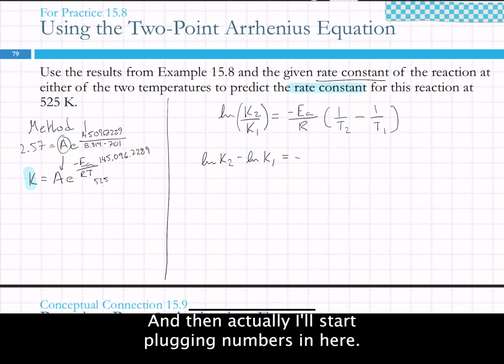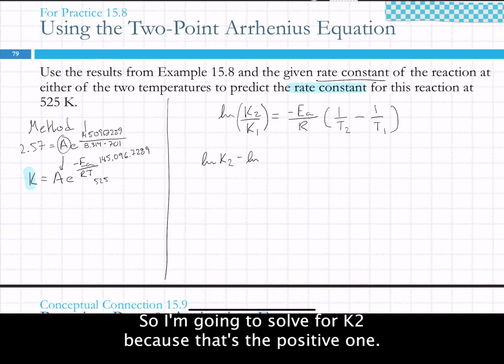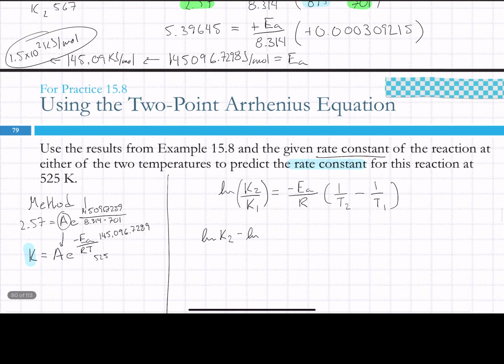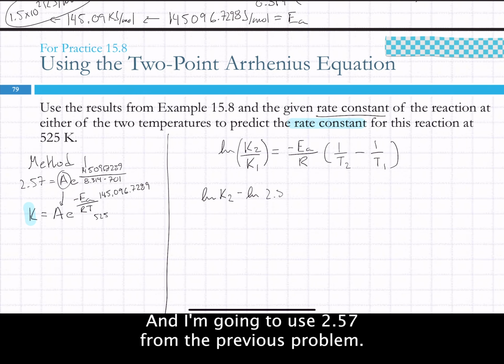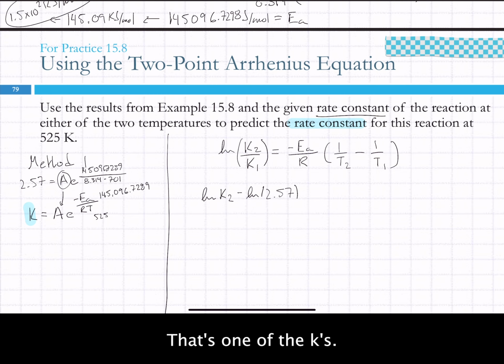And then, actually, I'll start plugging numbers in here. So I'm going to solve for K2 because that's the positive one. And I'm going to use 2.57 from the previous problem. That's one of the Ks.